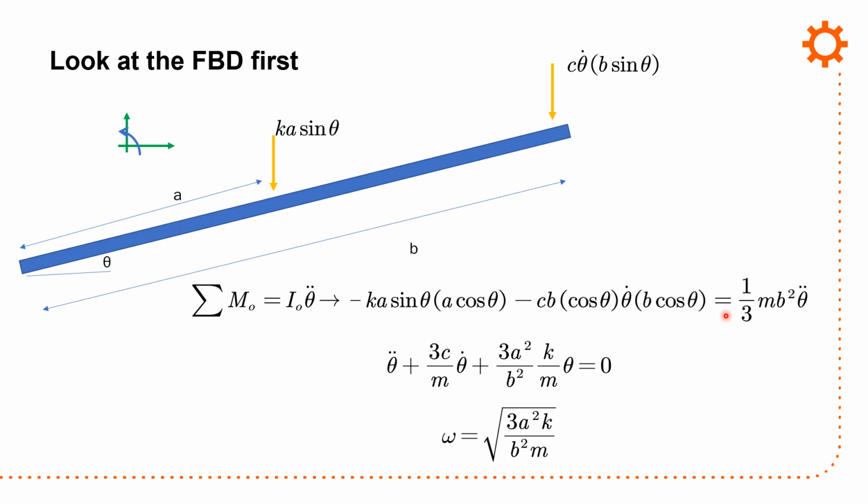You can do the parallel axis theorem, you'll get the same result. Putting all the terms together, bringing these terms from the left-hand side to the right-hand side, multiplying by 3 so you have nice variables, you end up with 3c over m theta dot, 3a squared k over b squared m theta, and this term is your natural frequency for the system.